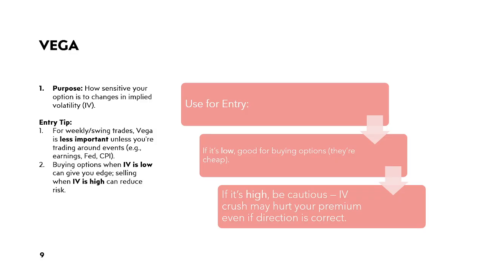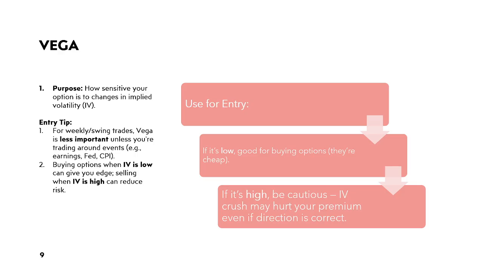It's more relevant during events like CPI, FOMC, earnings, things like that. If you buy low IV, sell high IV, just like buy low, sell high in stocks. You can do the same thing with Vega. You can buy a low Vega and sell a high Vega, and you can make money that way.